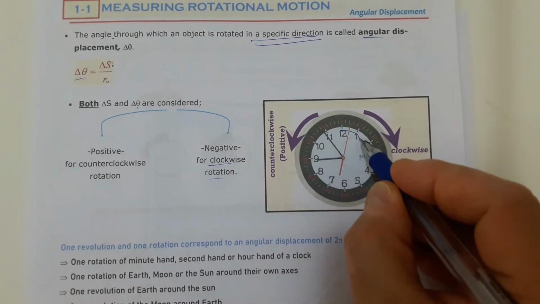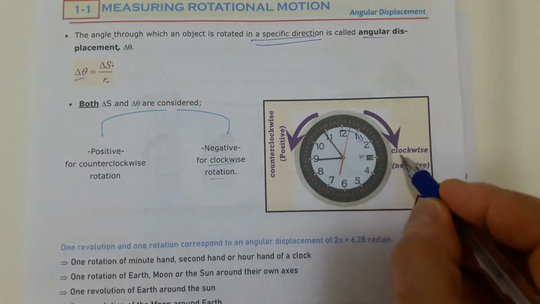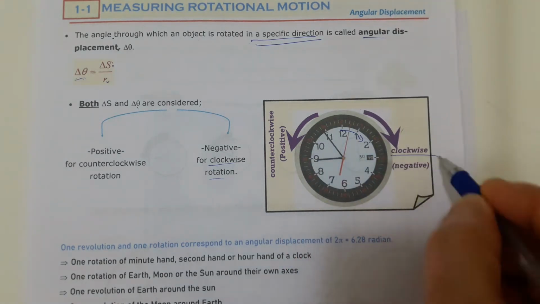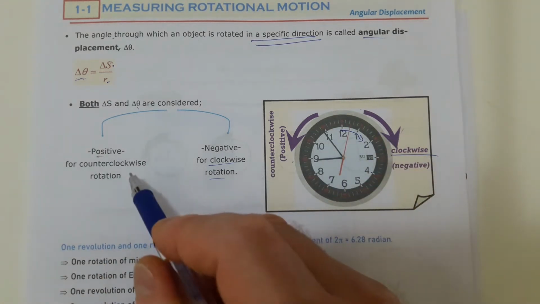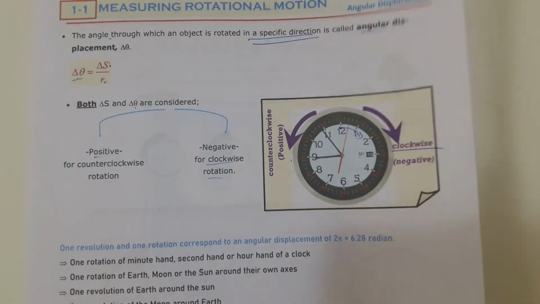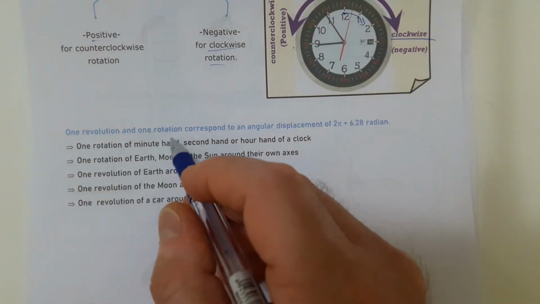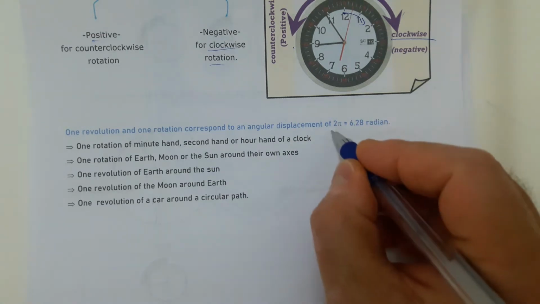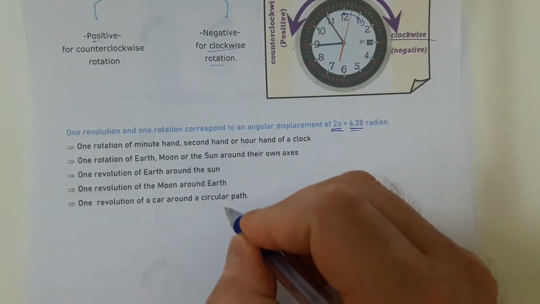Clockwise means in the direction of the clock. The clock is rotating like this, that's why the rotation is called clockwise, and it's negative. If the rotation is counterclockwise, it's going to be taken as positive. And one revolution or one rotation corresponds to an angular displacement of 2 pi or 6.28 radians.